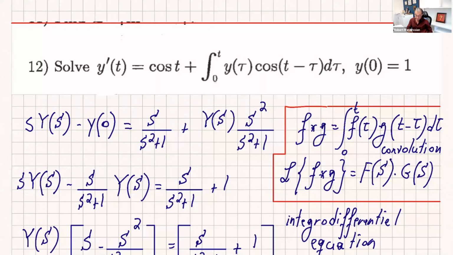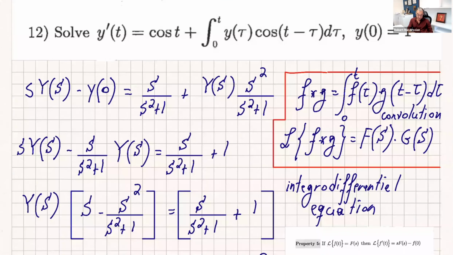And if you use the integral equation, then instead of this you can just write F of s times G of s, but F of s is Y of s, and the Laplace of cosine is s divided by s squared plus 1.